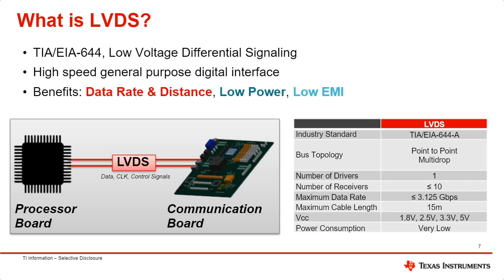So it's not dictating how bits are moving, rather just defining the voltages and currents to allow an LVDS driver to be compatible with an LVDS receiver, for example. And that is one of the nice benefits of LVDS, that it doesn't dictate any protocol on top of it. So it is very flexible in this nature, where you can define proprietary protocols or common protocols using LVDS as the physical layer interface.